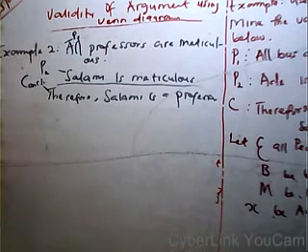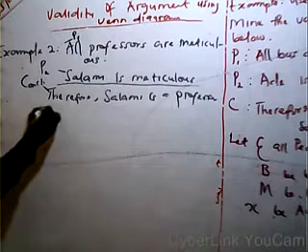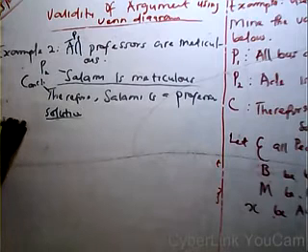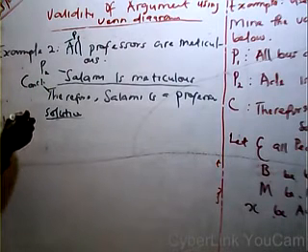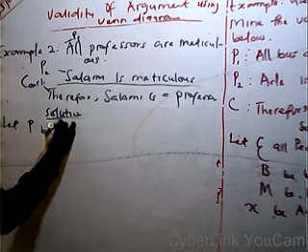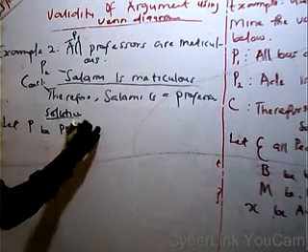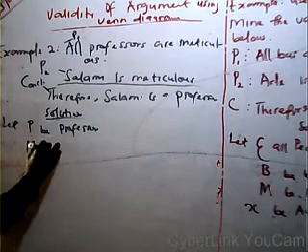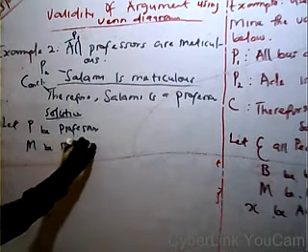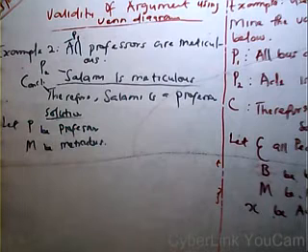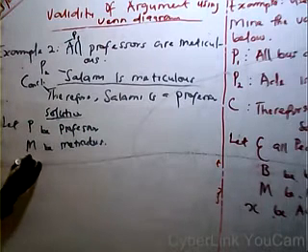From here now, we say, solution: let P be the professor, and M be meticulous. Then S be Salami.